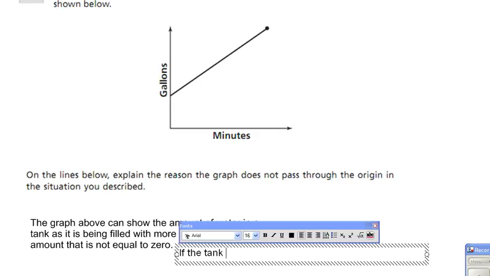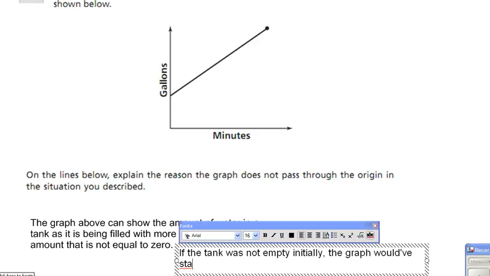If the tank was not empty initially, the graph would have started at a positive value.